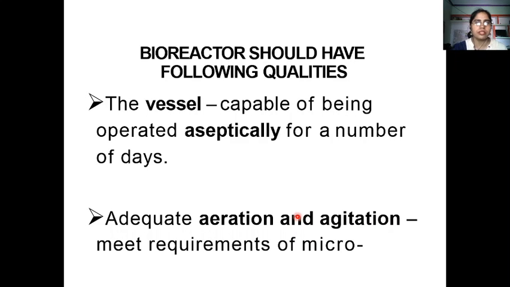So bioreactors should have the following qualities, such as it can be easily sterilized. Once you have used the bioreactor, aseptic conditions are required. So the bioreactor you have designed should be easily sterilized. Aeration and agitation should be properly present in the bioreactor.